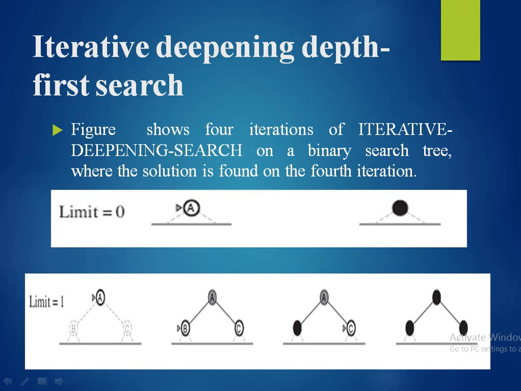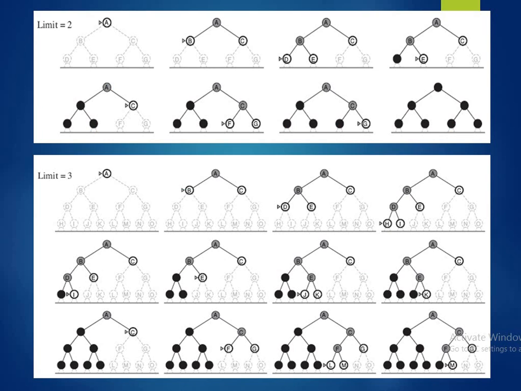Here it shows the second iteration where the limit is equal to 1. This one is the third iteration where the limit is equal to 2, and this one is our fourth and last iteration where the limit is equal to 3.